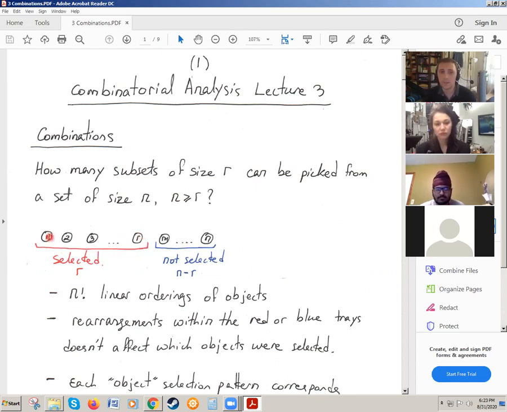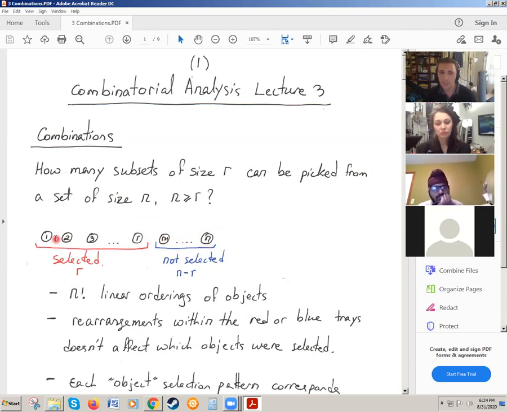Suppose that people 1 through 3 were selected, and the remaining people were not. I could have the permutation 1, 2, 3 in the red tray, and then in the blue tray 4, 5, 6, all the way to 10. Or I can have 2, 1, 3, or 3, 2, 1, or a bunch of them. I can have 3 factorial arrangements in here, and for each arrangement in here, another 7 factorial arrangements in the other.